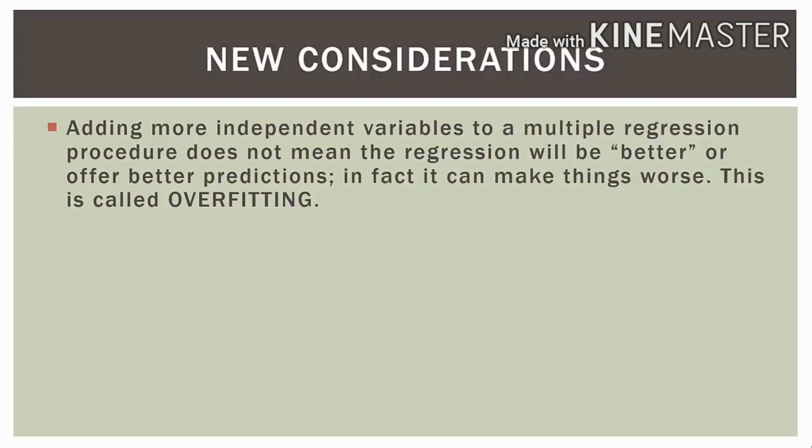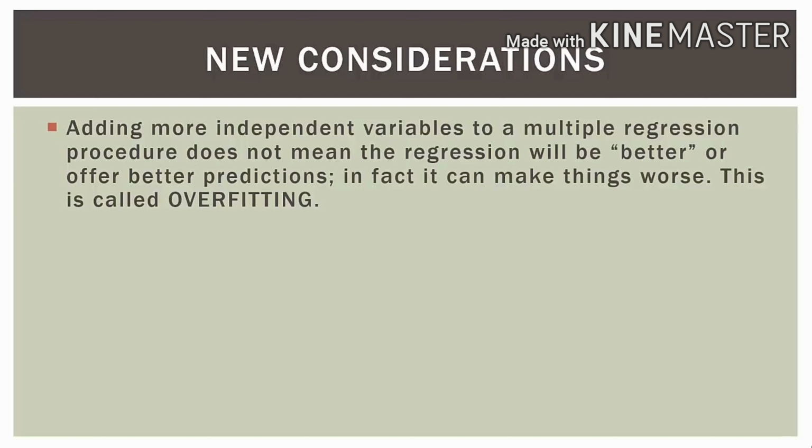For some reason, we don't like that. We think, well, we can do better than that. So we start adding in more independent variables. Adding more independent variables will explain more of the variation in the dependent variable, but it can do so under false pretenses. Adding more variables will always explain more variation, but it can open up a whole Pandora's box of other problems that we definitely want to avoid.